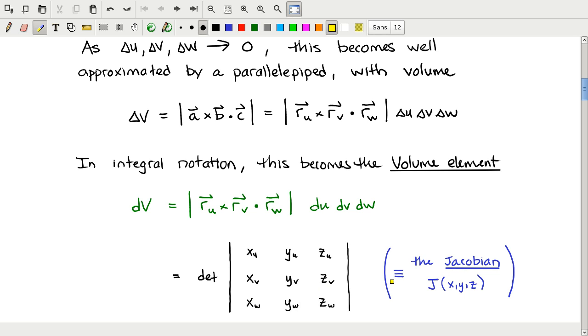Sometimes the matrix is called the Jacobian, sometimes the determinant is called the Jacobian, sometimes it's called the Jacobian determinant, but roughly what you typically want to do with this object is take its determinant, and so you'll often just see it called the Jacobian. So, for any coordinate system that can be written in terms of three parameters, here is a way of calculating the appropriate volume element, dV.